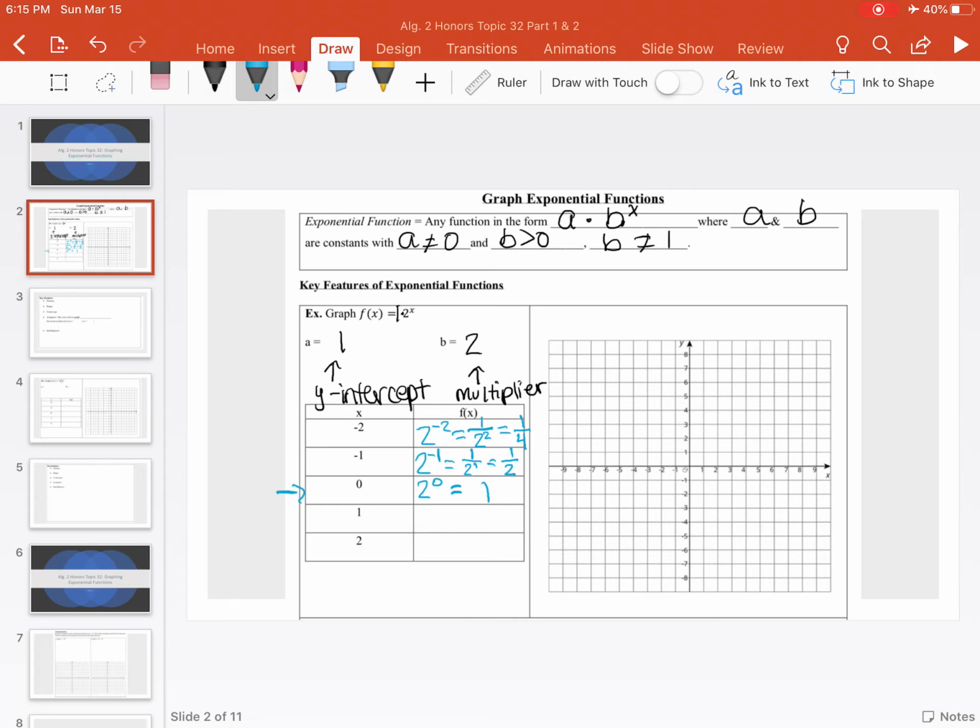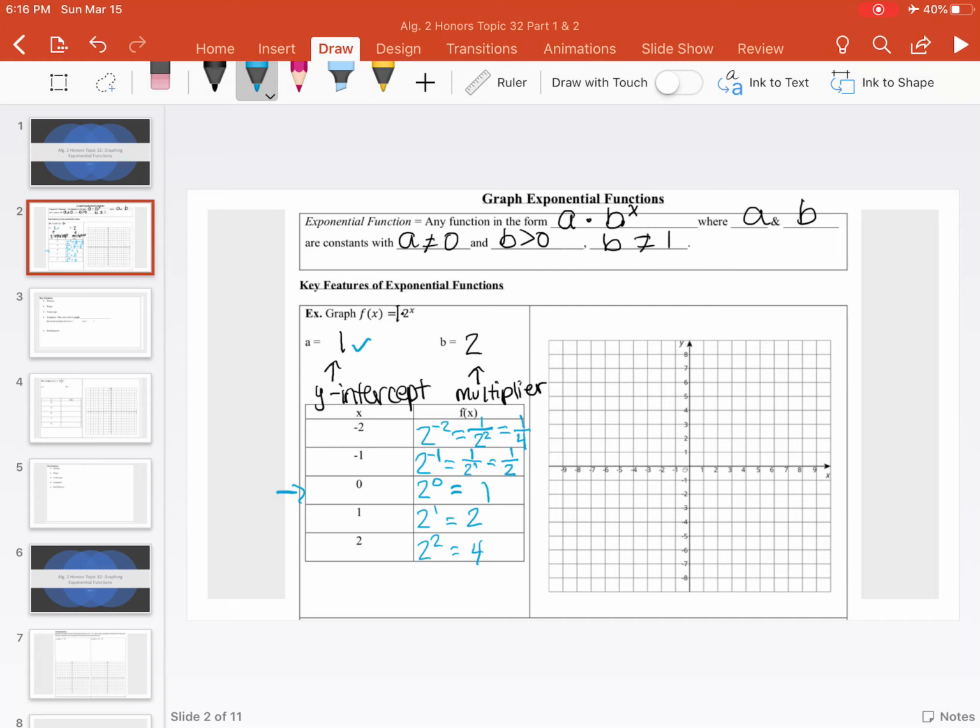And we know that the number in our a spot is our y-intercept, and this just proves it. Now if we plug in 1 for x, we get 2 to the first power, which reduces to just 2. And if we plug in 2, 2 to the second power reduces to 4. So here are all our points.